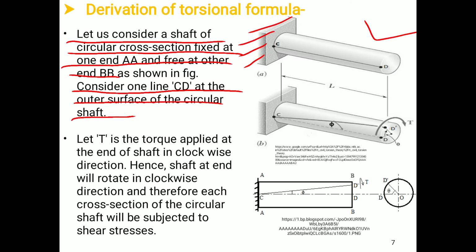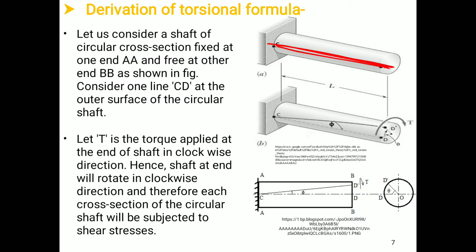So we have to concentrate on line CD. This is the line CD at the outer surface of the shaft. T is the torque applied at the end of the shaft in clockwise direction. So from figure B, we are going to apply a torque T in the clockwise direction at its free end.